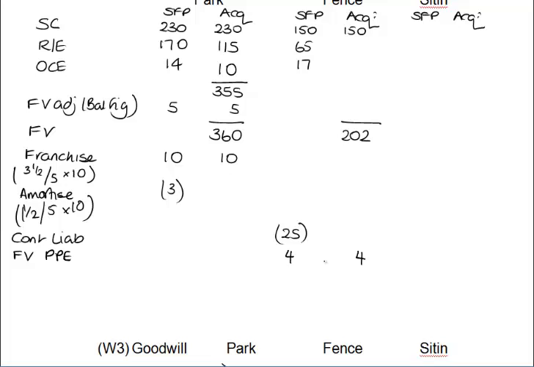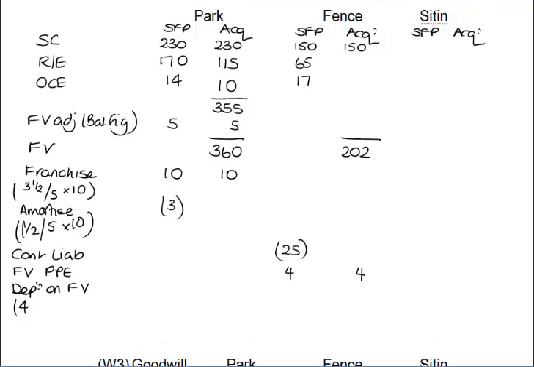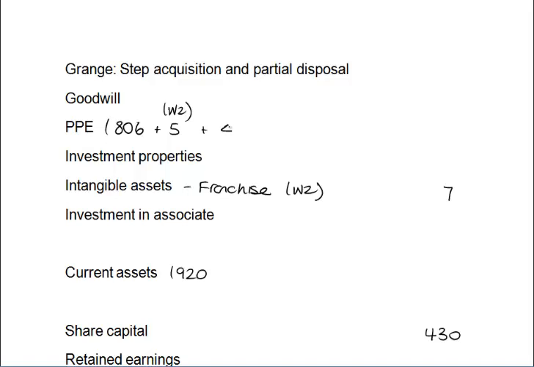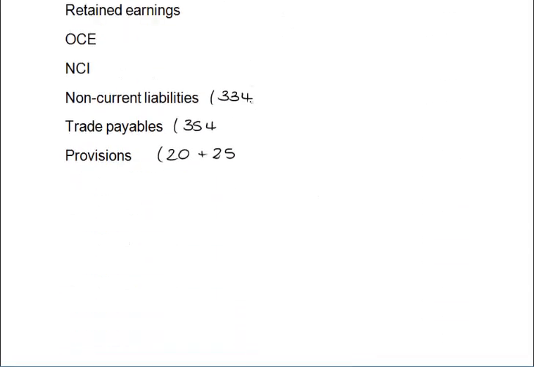It says the asset had a useful life of 10 years at the 31st of July X8, so I'm now going to charge depreciation on that fair value, and this is a bit of an unpleasant one. The asset, we're going to increase its value by 4 million, so I need to increase the value by 4 million up here. That's from working number 2, that's our fair value adjustment.